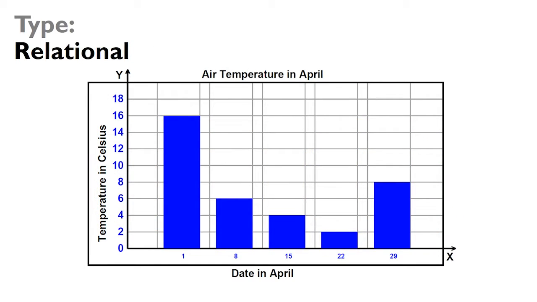Another category of graphics related to the previous are relational graphics. Now, these are graphics that show quantitative relationships among two or more variables. And perhaps the most common type of relational graphic is some type of actual graph. In this case, a bar graph that depicts the relationship between two variables, in this case, temperature and date.